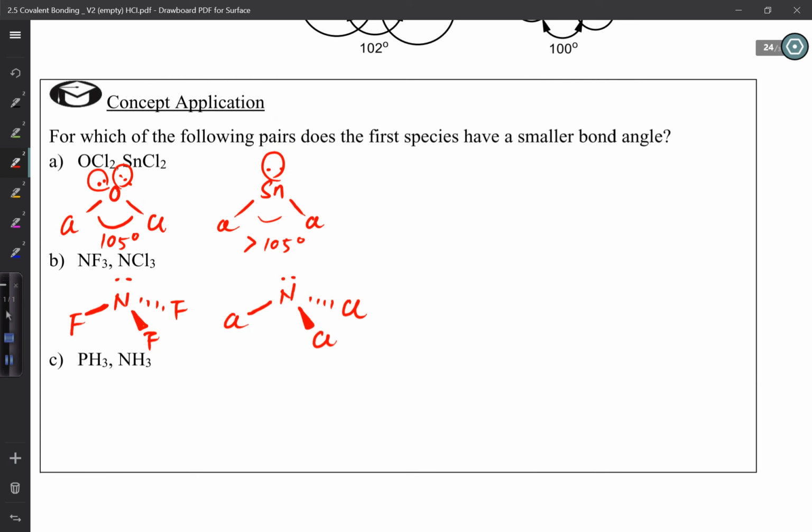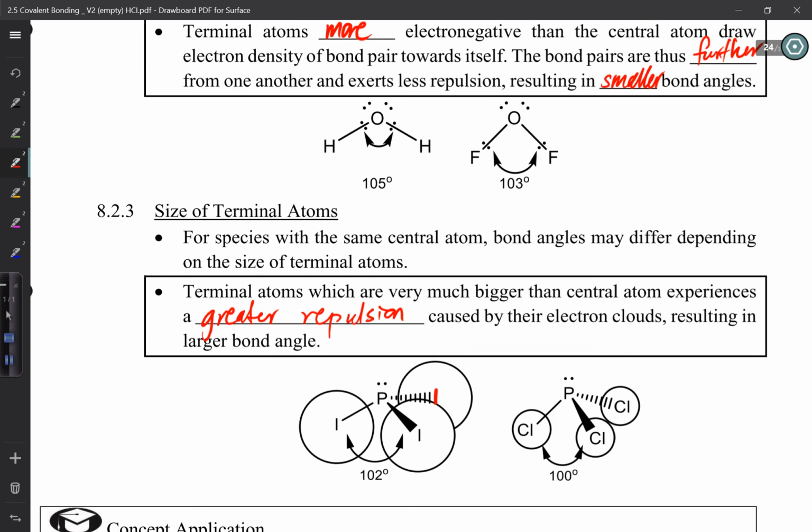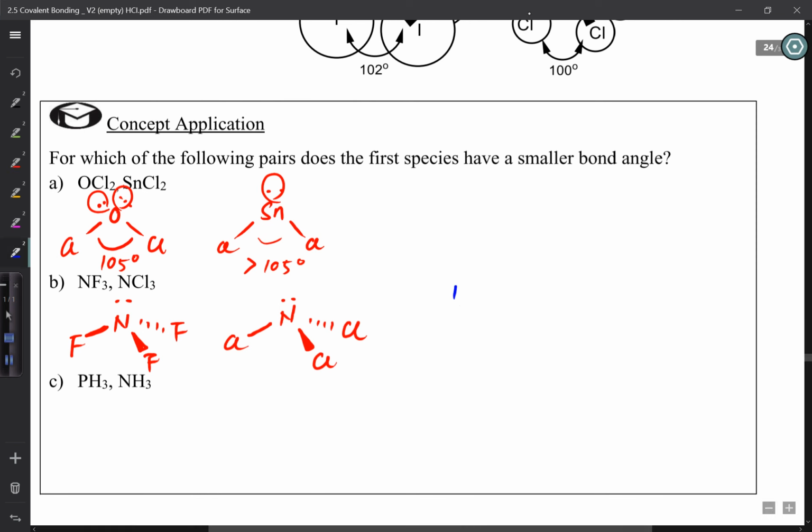So this is NF3 versus NCl3. If you compare these two, which one has a larger bond angle? NF3? Why NF3? For this, the question is, do you use electronegativity or do you use size?